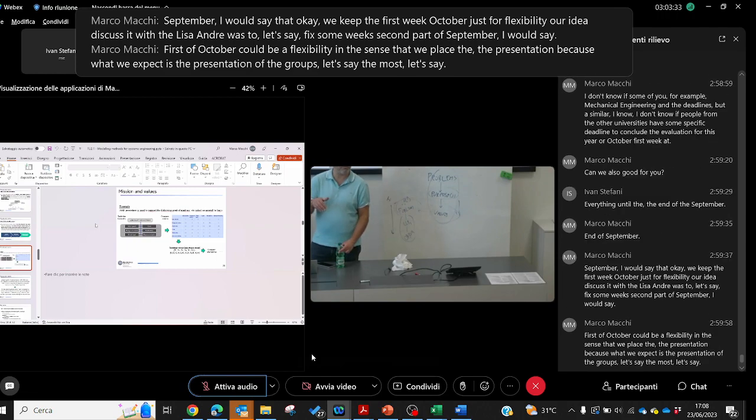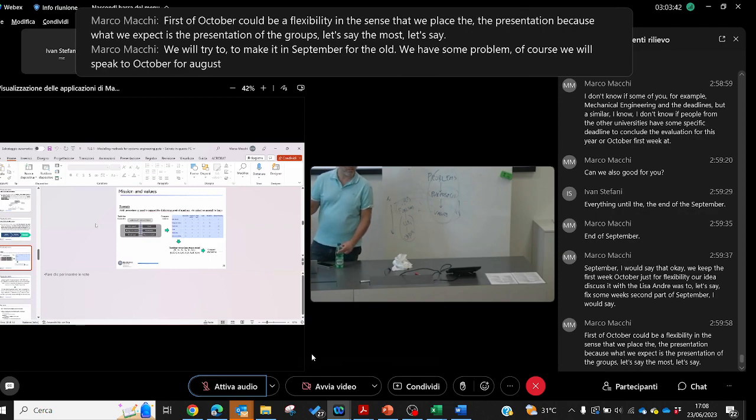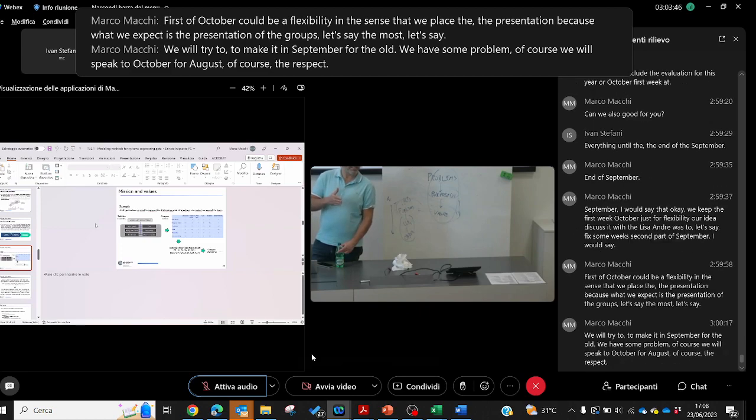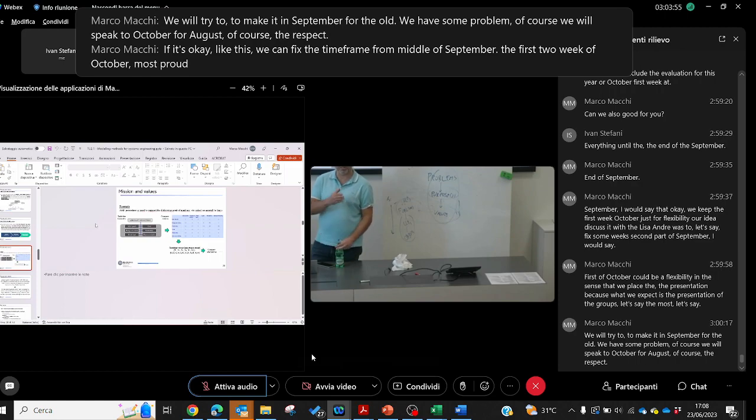We will try to make it in September for everyone. We have some problems, of course, when we speak of October for others, respecting your own constraints first. If it's okay like this, we can fix the time frame from the middle of September to the first week of October, most probably making the presentations along the last 2 weeks of September.